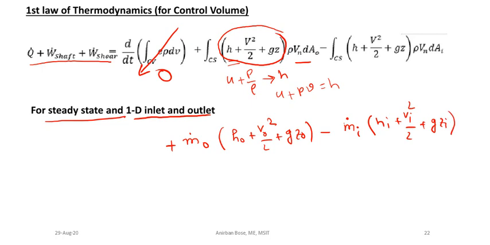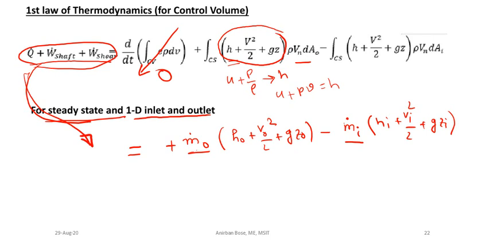Again, if you apply the conservation of mass for the steady 1D inlet outlet, then m dot O and m dot I are also the same, so you can take those common too. On the other side you simply put that portion here. So this will be the form of the equation, and this is the steady flow energy equation that you have already seen in thermodynamics.